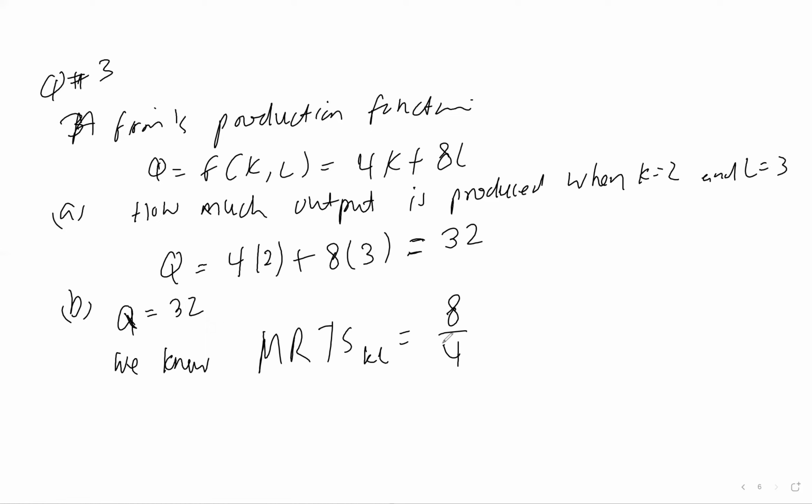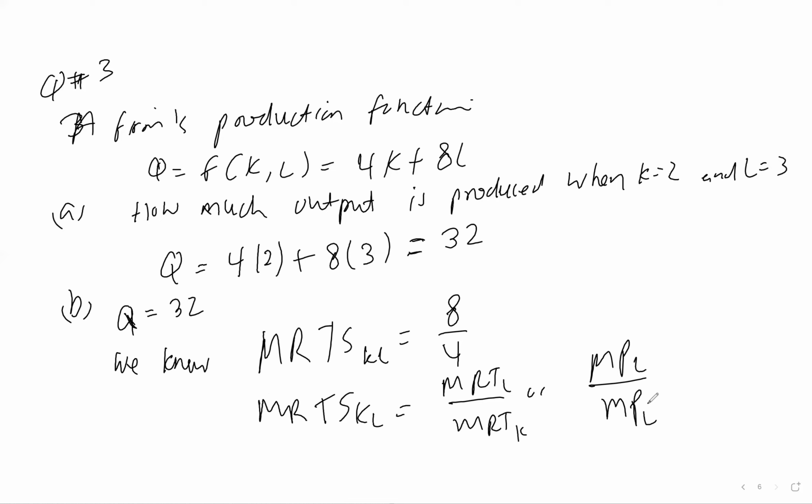How do we know that? We know that because we know from the equation that the marginal rate of technical substitution of K for L is equal to the marginal product of L over the marginal product of K, or MPL over MPK.